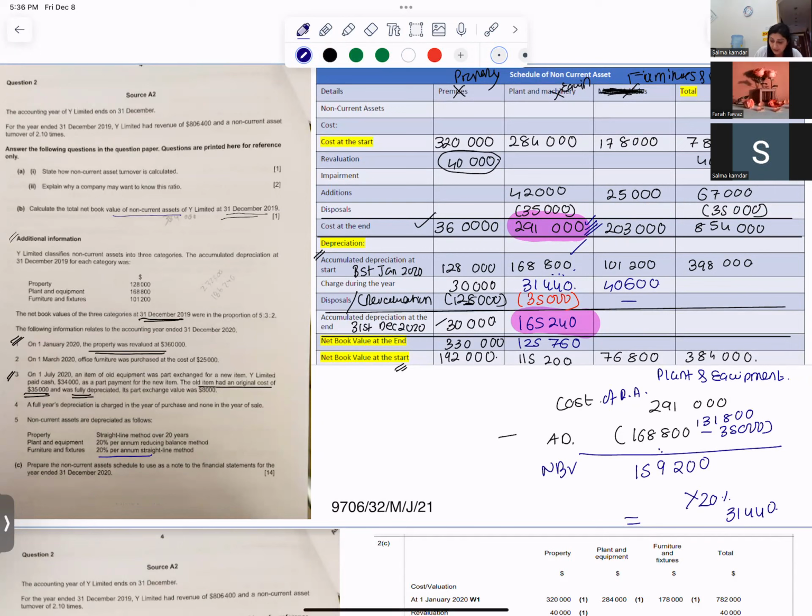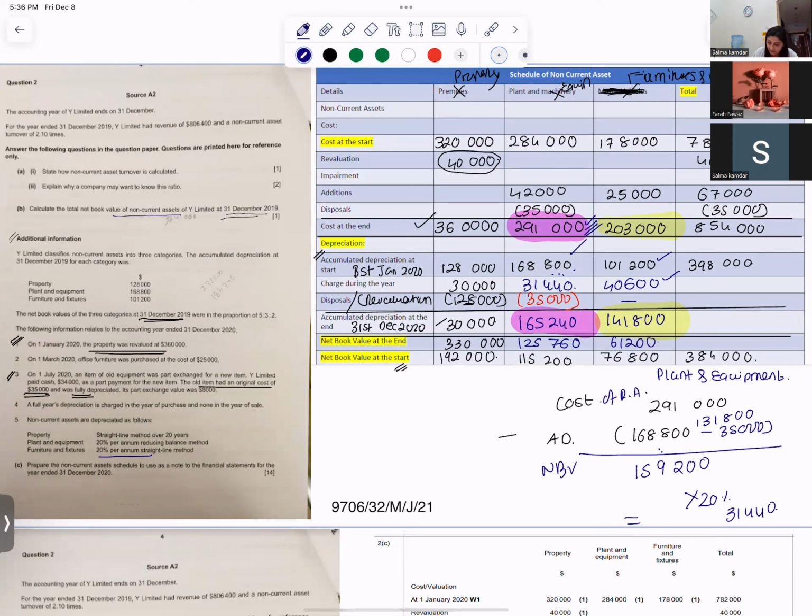So what is the total accumulated depreciation? 101,200 plus 40,600, so it becomes 141,800. Cost minus accumulated depreciation gives the net book value at the end, 61,200.